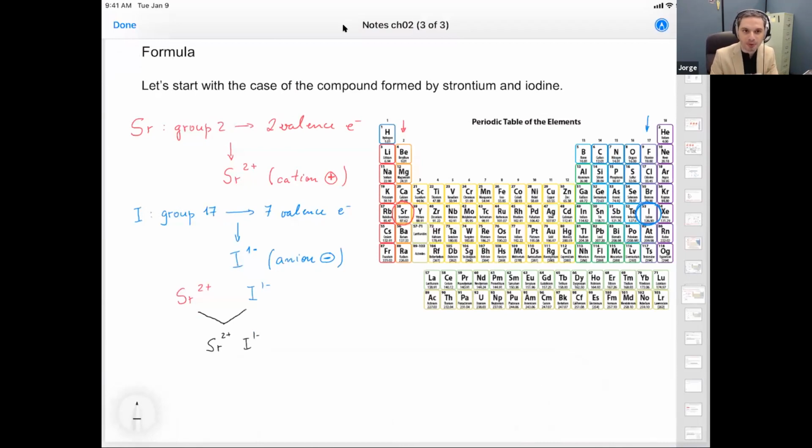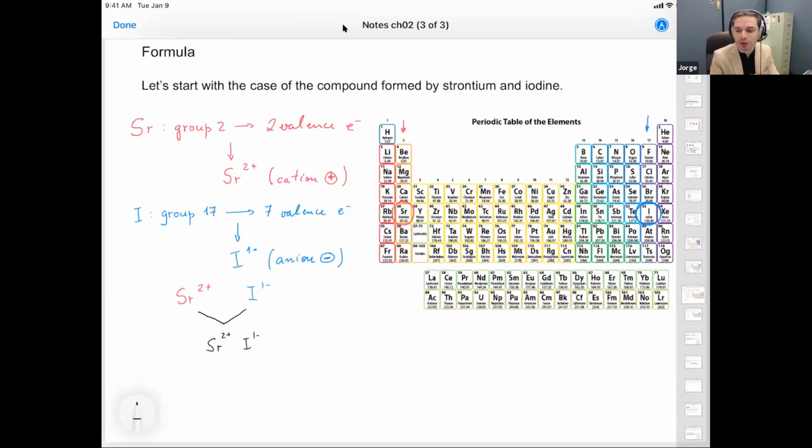Each strontium needs to lose 2 electrons. However, each iodine has the capability of gaining just one electron. Therefore, strontium is not happy when bonding to only one iodine.